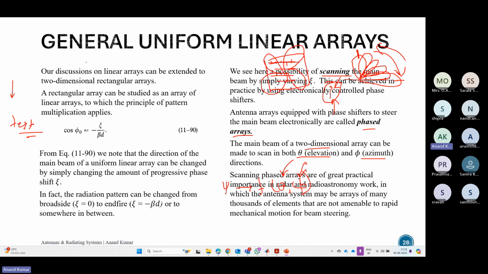But we did discuss the two element arrays and the general uniform arrays in detail, and then we discussed the n element arrays, and then we just started with the different properties such as main beam, side lobes, nulls, beam width, and different parameters. All of them are basically, once you get the array factor, you're just imposing different constraints on the array factor to get the values.